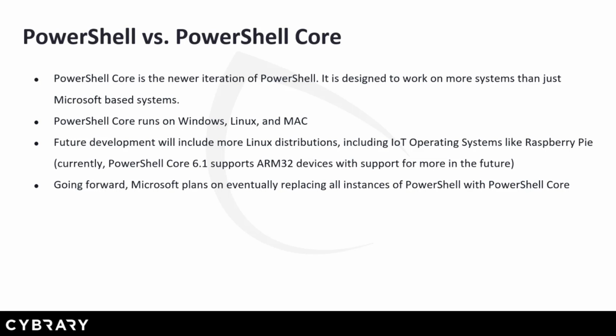Currently, PowerShell Core 6.1 supports ARM32 devices with support for more in the future. Going forward, Microsoft plans on eventually replacing all instances of PowerShell with PowerShell Core. However, that isn't something that is 100%, so that is something you will need to pay attention to see if they do.